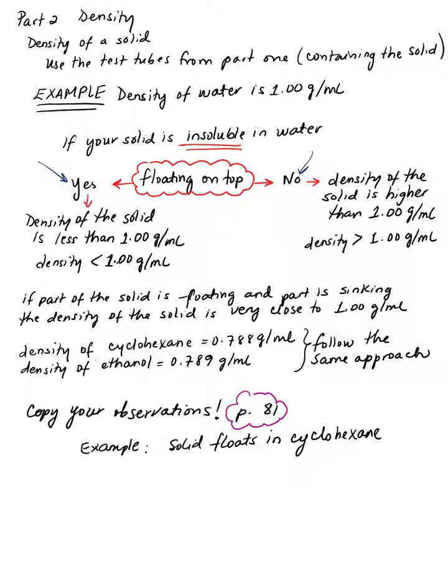If your solid is insoluble in ethanol, for example, you have the density for ethanol as 0.789 in your lab book. So if the solid is floating in ethanol, it means that the density for your solid is less than 0.789. If the solid sinks in ethanol, it means that the density for your solid will be greater than 0.789.